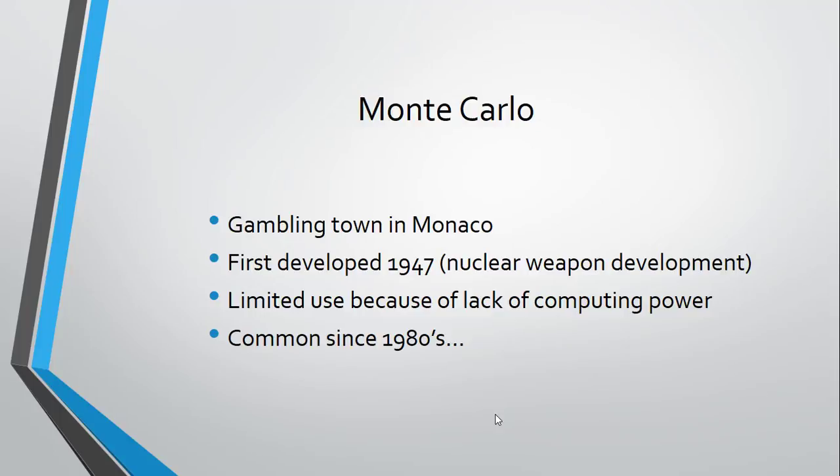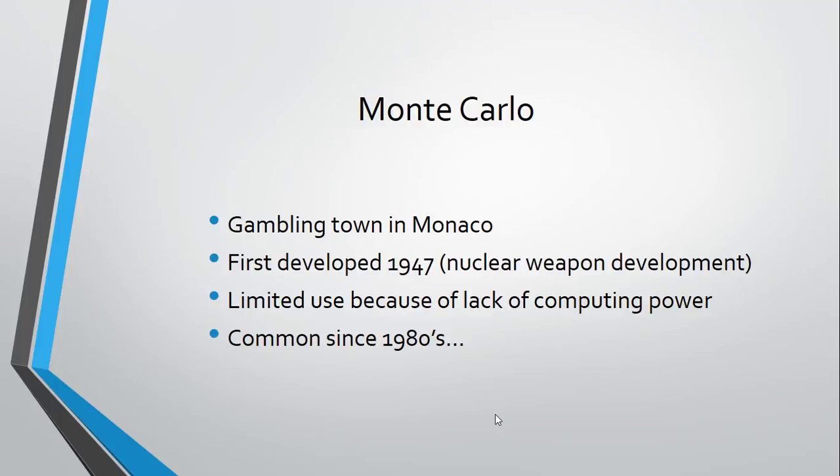And Monte Carlo, of course, is a gambling town in Monaco, and the Monte Carlo simulation was first developed in 1947 in the U.S. during nuclear weapons development. Its use was limited because of lack of computing power. That's almost 70 years ago.